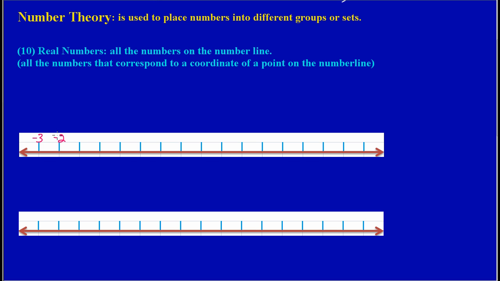Obviously I'm going up by 1 unit each time: -1, 0, 1, 2, 3, 4, 5, 6, 7, 8, 9, 10, 11, 12. And let's put the final one, 13.